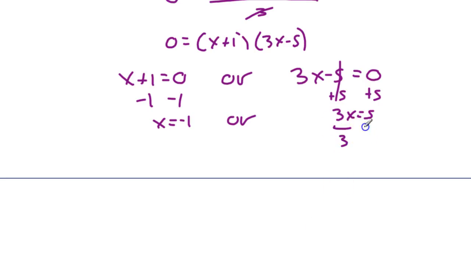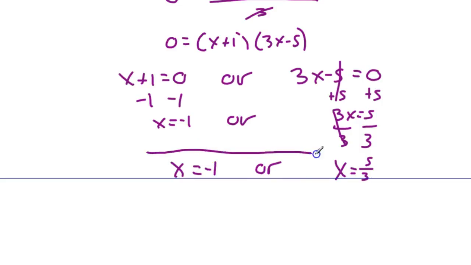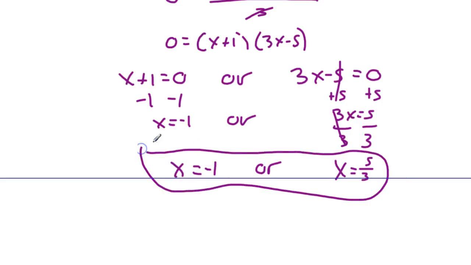Divide by 3, x equals 5/3. So I have x equals negative 1 or x equals 5/3.